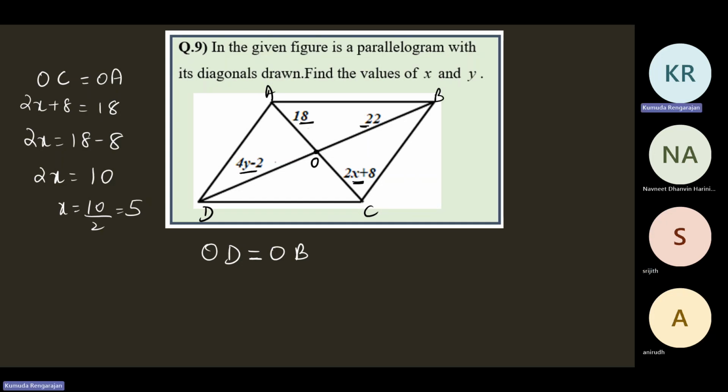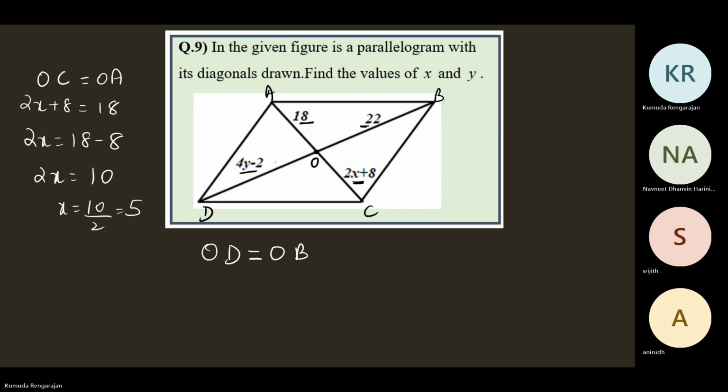Okay, that means in the diagonal AC, which are the two equal pieces? AO and OC, ma'am. Correct. Which are the two equal pieces in BD? DO and OB, ma'am.